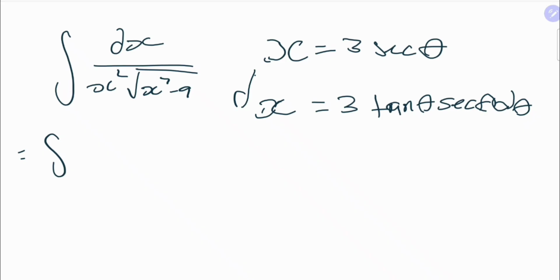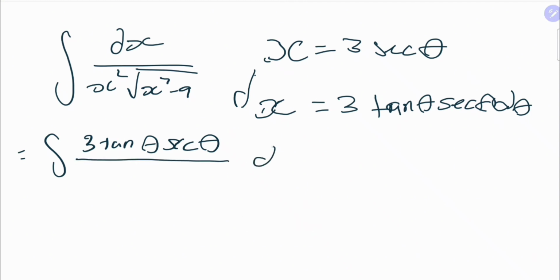Equals the integral of 3 tan theta secant theta over 3 secant theta squared, root of 3 secant theta squared minus 9.